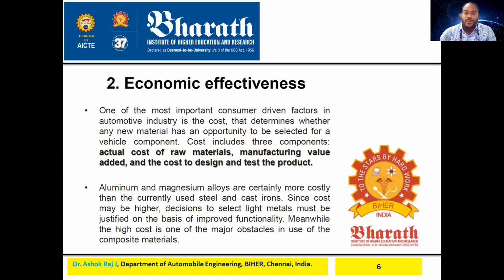You also have to maintain the manufacturing value added cost. You have to select the proper manufacturing process and should not do multiple processes, and for that you have to reduce the number of parts. If you reduce the number of parts, you can automatically reduce the cost of manufacturing and the cost of design and test of the product.